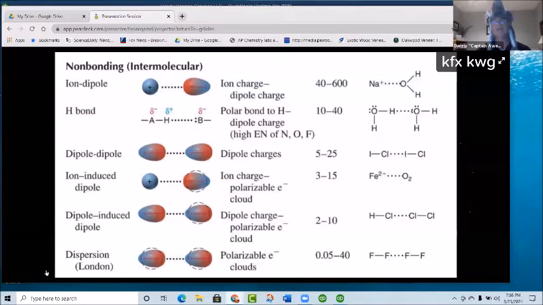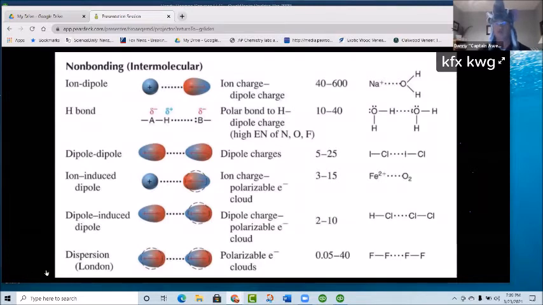Then we've got dipole-dipole forces, which is something that's polar attracted to something that's polar. And we call those a constant dipole. So in other words, it's not just a dipole for a brief moment, it's always polar. And then you've got super duper dipole-dipoles. These are not things that are just polar. These are things that are crazy polar.